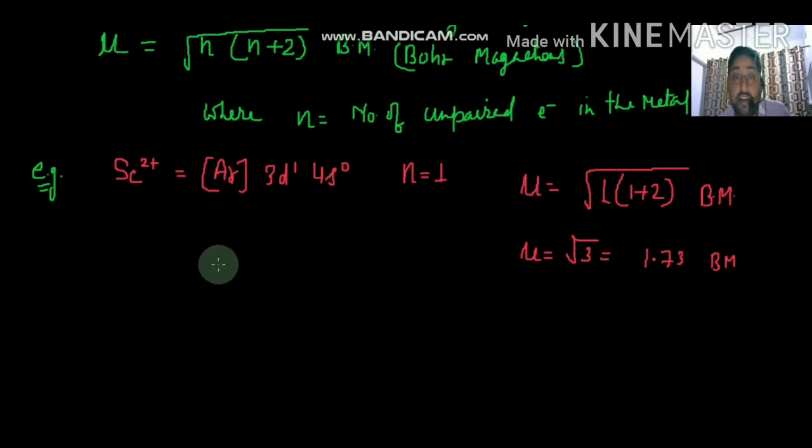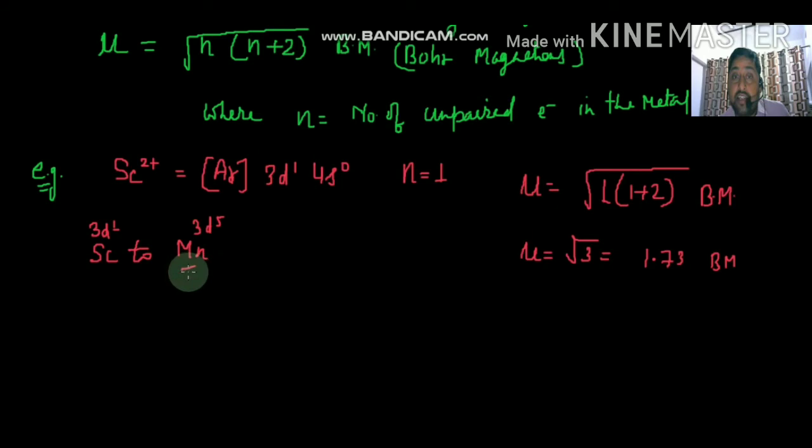So in that way you can calculate the magnetic moment for all the transition atoms. Now it is interesting to know that from scandium to manganese, when scandium has 3d1 and manganese has 3d5, as the number of unpaired electrons increases, the value of the magnetic moment also increases.